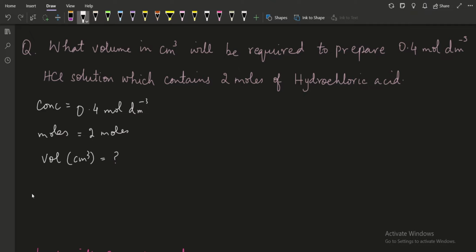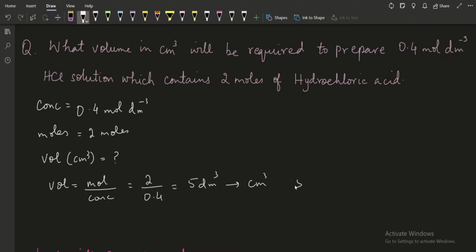Okay, so we can just use the formula for calculating volume. Volume is equal to moles divided by concentration. So just put the values. Number of moles is 2, concentration is 0.4. The answer will be 5 cubic decimeter, but we have to change it into cubic centimeter.